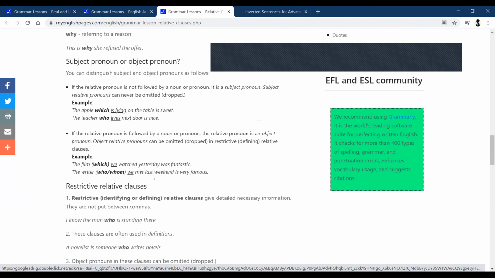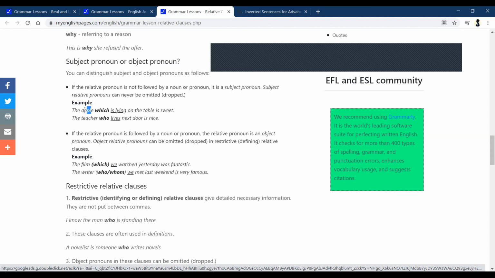There's a difference depending on whether the pronoun is a subject or an object. For example, the apple which is lying on the table is sweet. The teacher who lives next door is nice. This is basically saying that if the thing you're describing is a person, you use who.